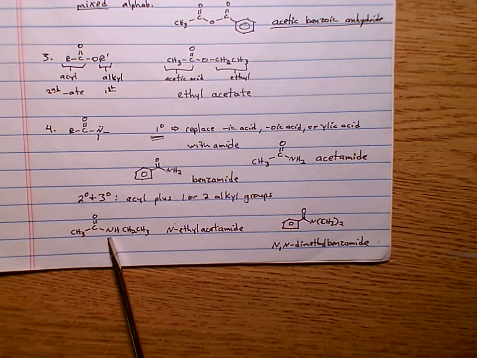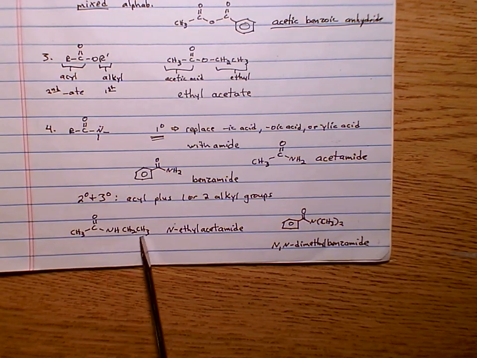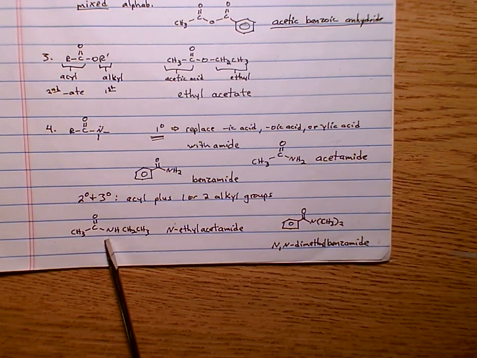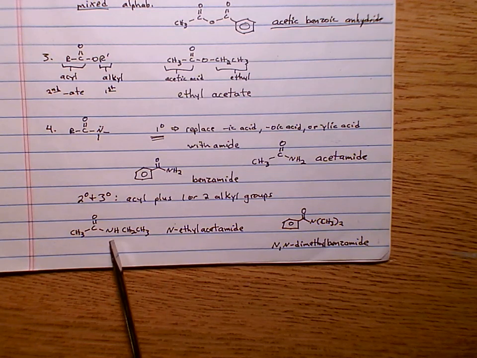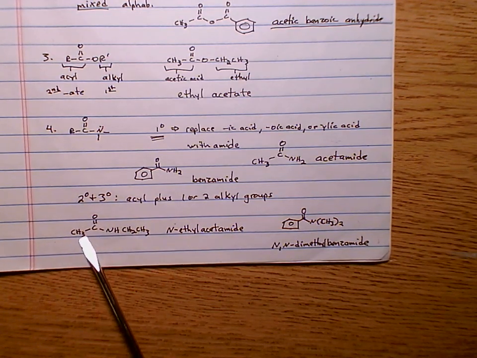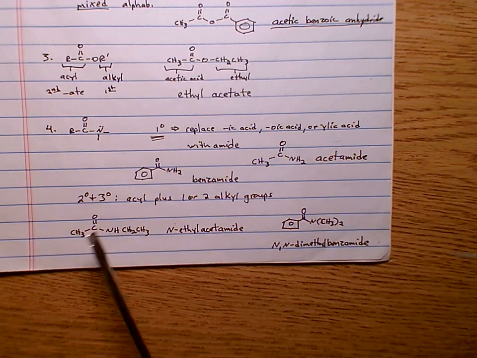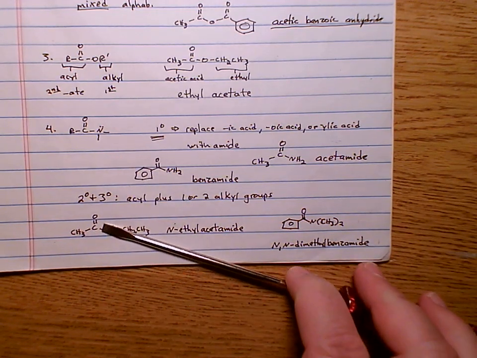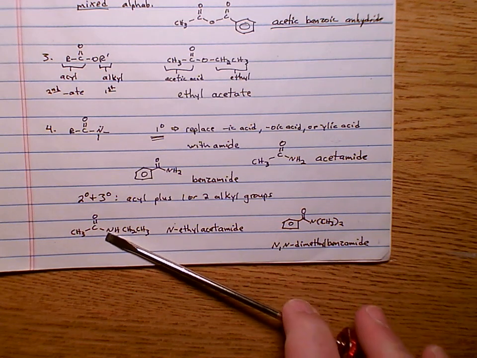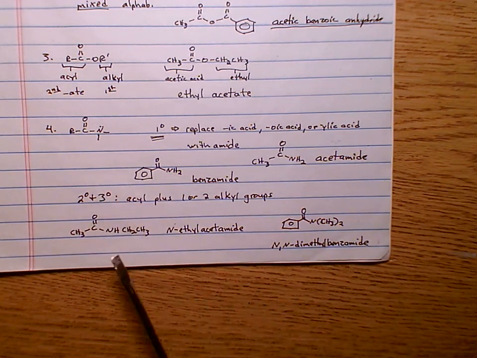But what if this were a secondary or tertiary amide? Well, then we need to name the groups coming off of this nitrogen as alkyl groups, but we also need to indicate they're coming off that nitrogen. So if you had an ethyl group on your acetamide, note, acetic acid becomes acetamide, there's an ethyl group on that nitrogen.